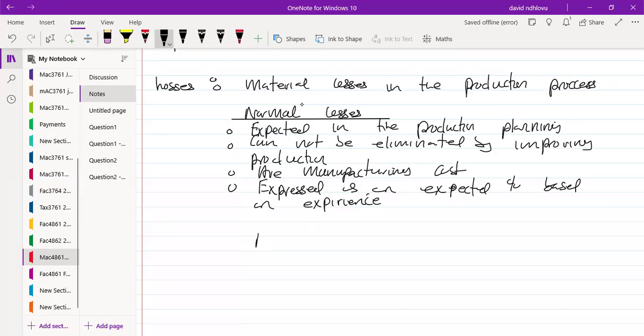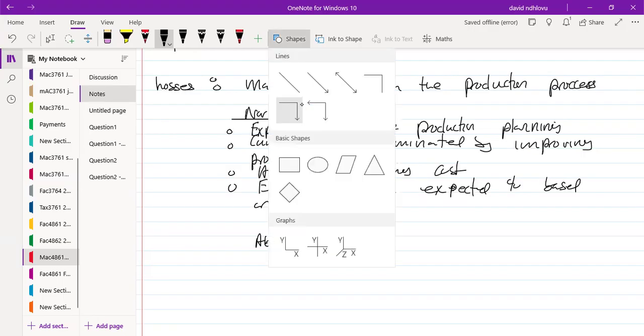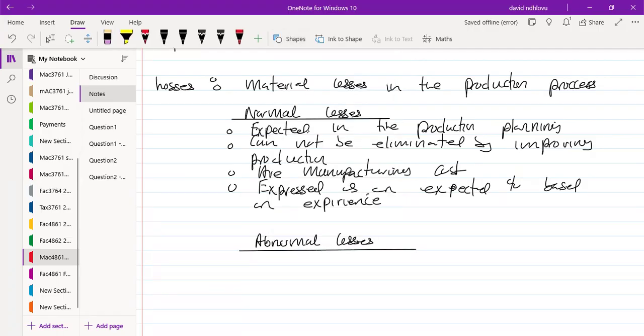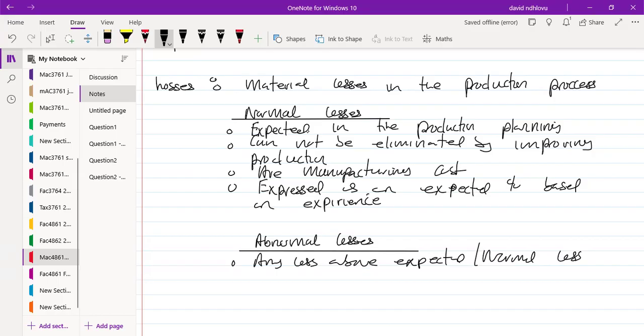Right, then we have abnormal losses. So this represents any loss above expected or normal loss. These are evidence of production inefficiency.